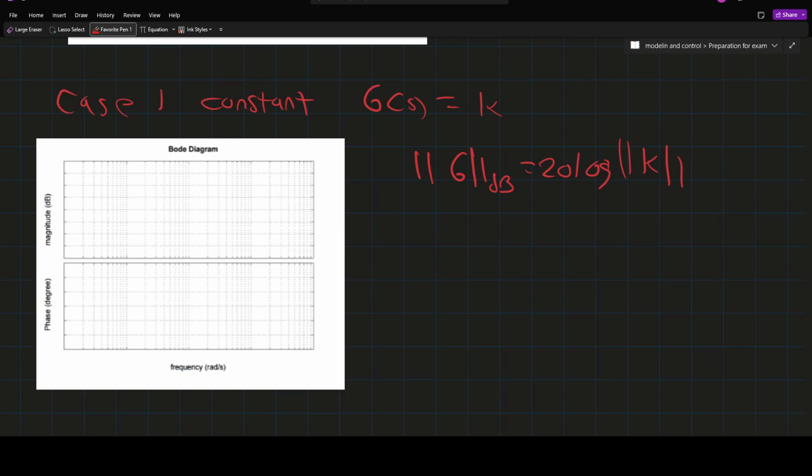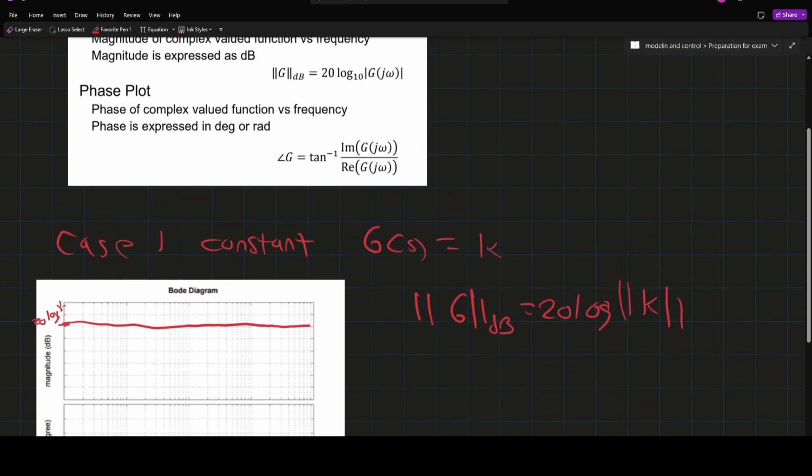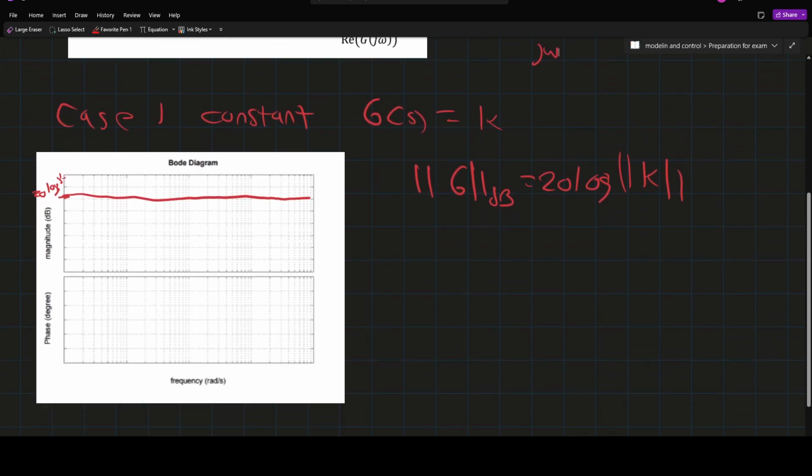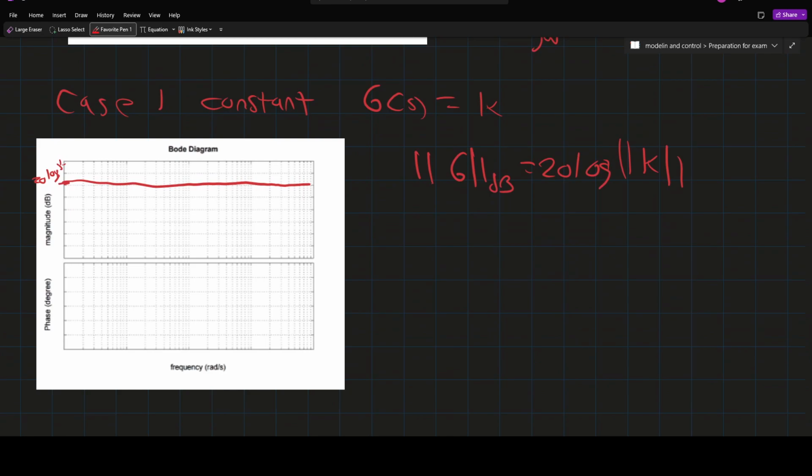So we're gonna get here 20 log k, and this is gonna be constant through the whole frequency range. We don't have omega, we don't have an s here, so we can't change it for j omega. So it's just gonna be a constant 20 log k.